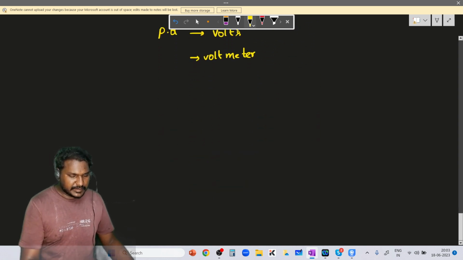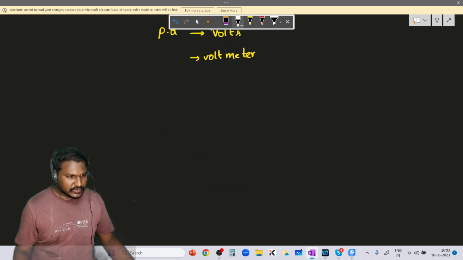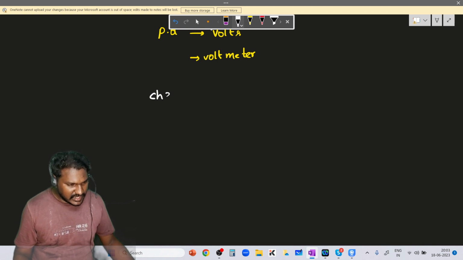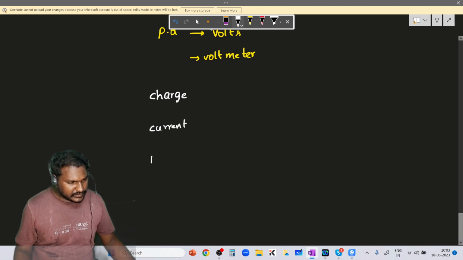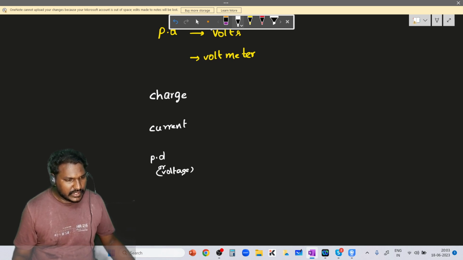I'll just prepare a small table here. I'll write the terms here: charge, current, potential difference or voltage. Then I'll write measuring unit and measuring device.